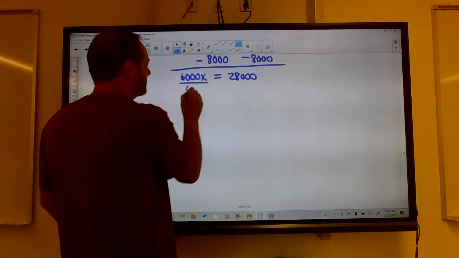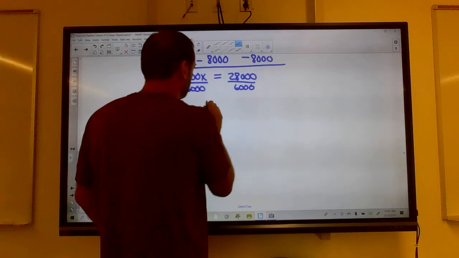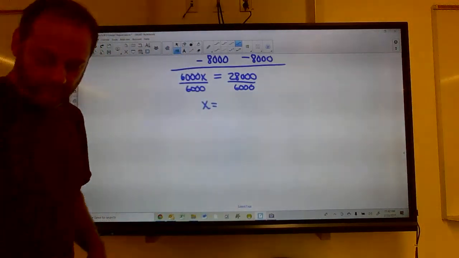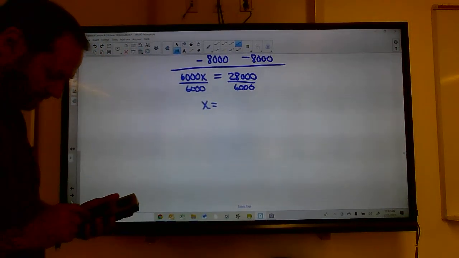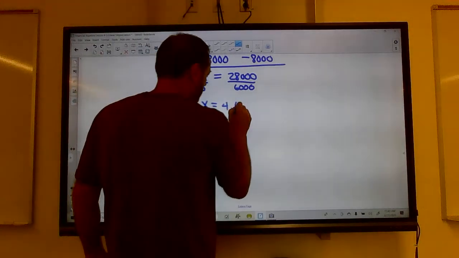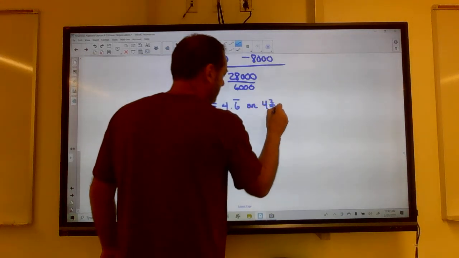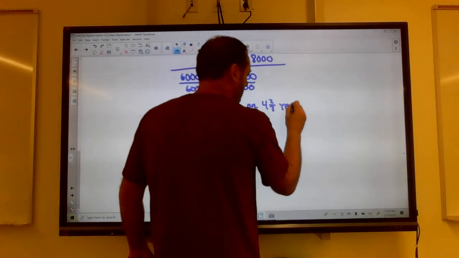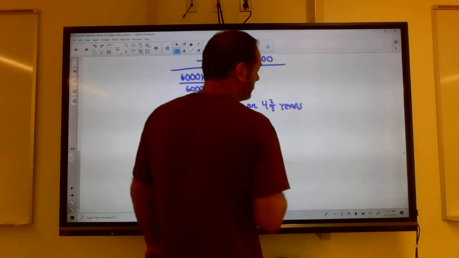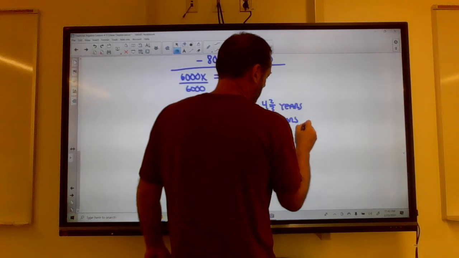And then I'm going to divide by 6,000. So x is going to equal 4.6 repeating, or 4 2/3 years. See, 2/3 of a year is 8 months, so that'd be 4 years, 8 months.